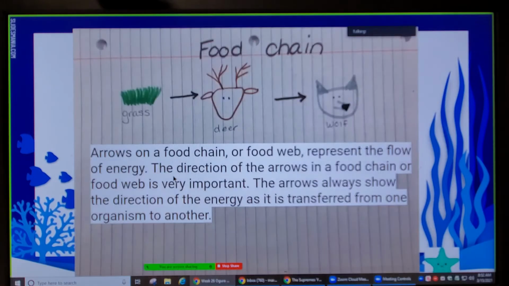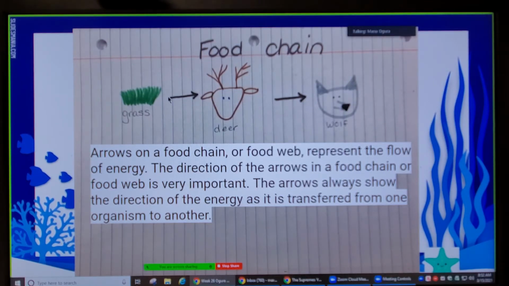Oops. Right there. So here would be a typical little food chain. Here's our producer, our plant, gets eaten by an animal, and that animal can be eaten by another animal.